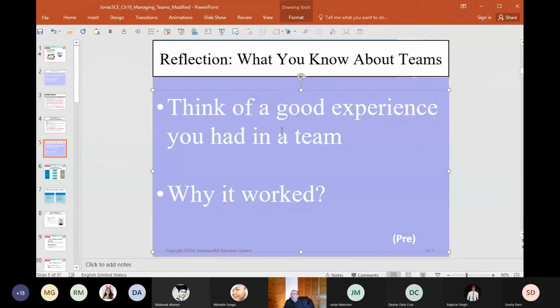So we have some good experiences with teamwork and sometimes not so good. The question we can ask ourselves is, what is the difference between a good experience and a bad experience, and what are the causes for this happening?